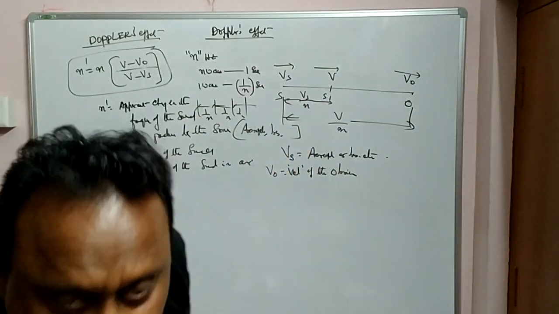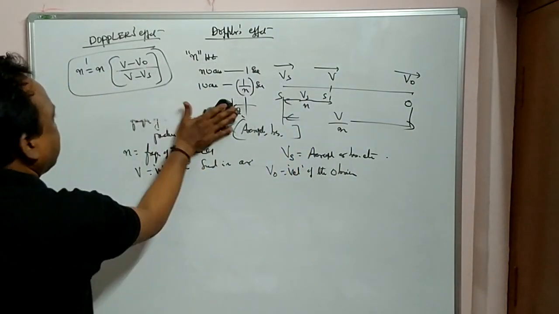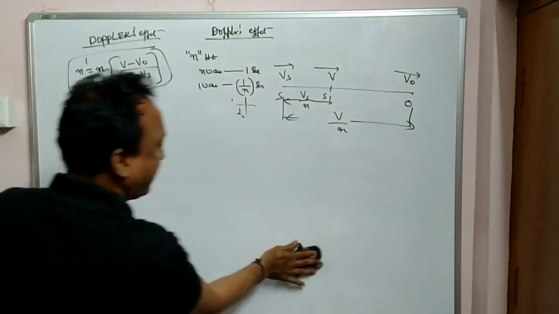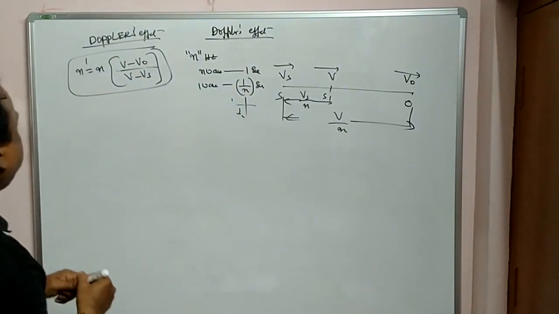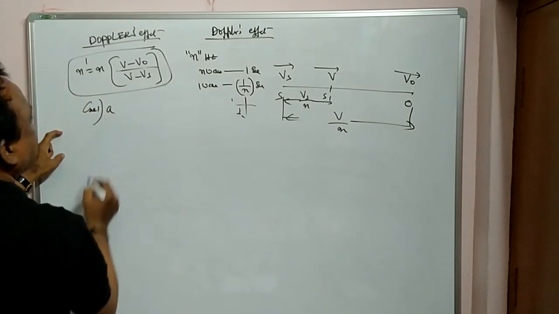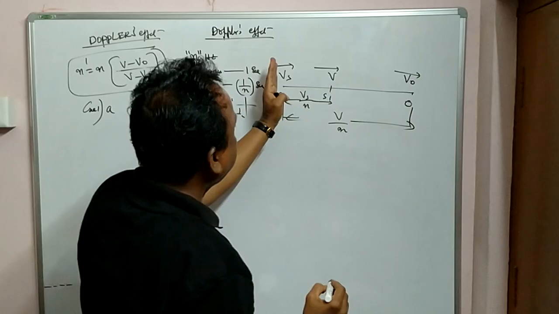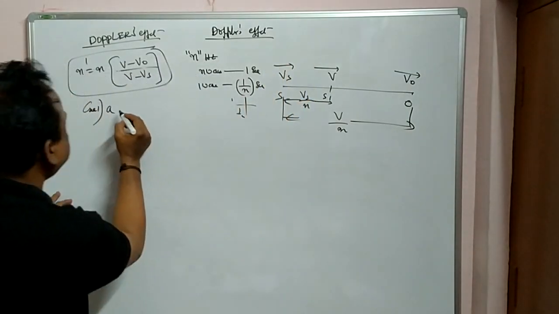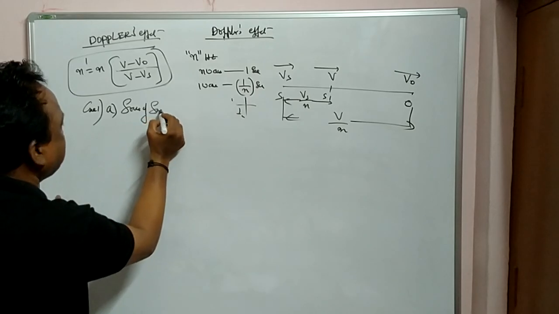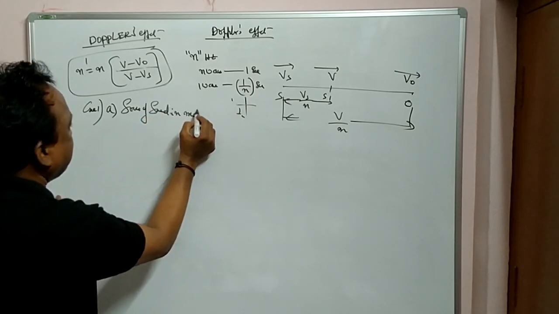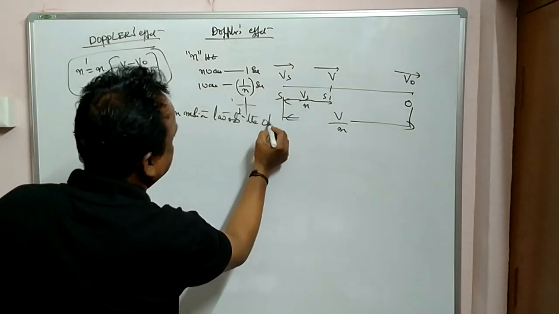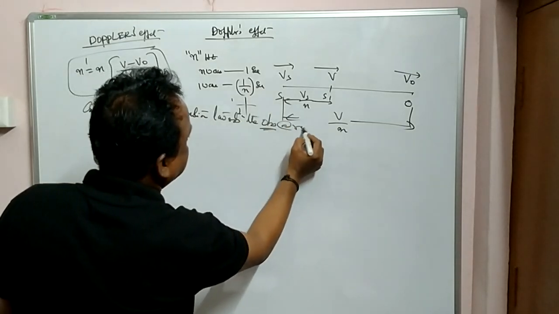Now let us study the different cases. We'll see what the different cases are. In the examination they will be asking many cases, and among them there are 4 to 5 important cases. Case 1: when the source of sound is in motion towards the observer at rest.